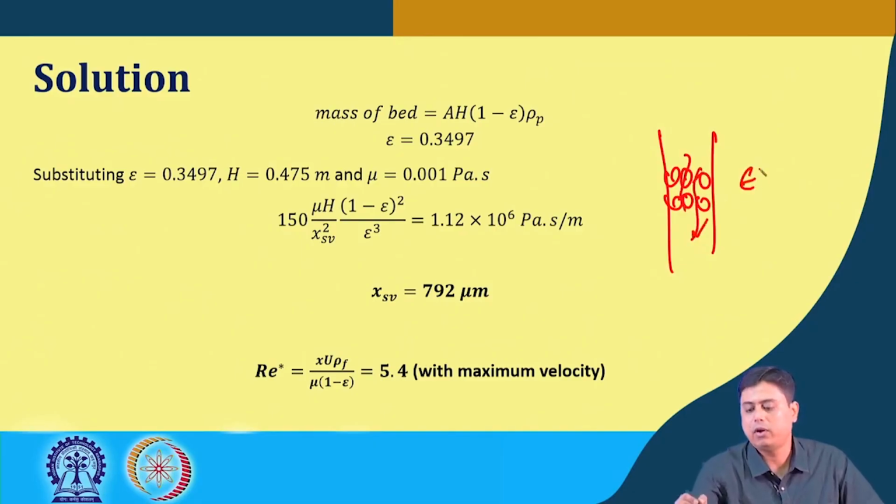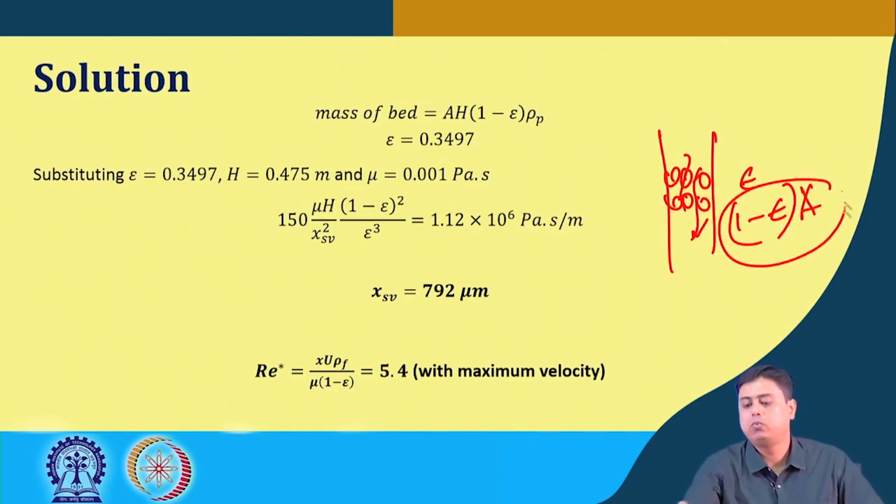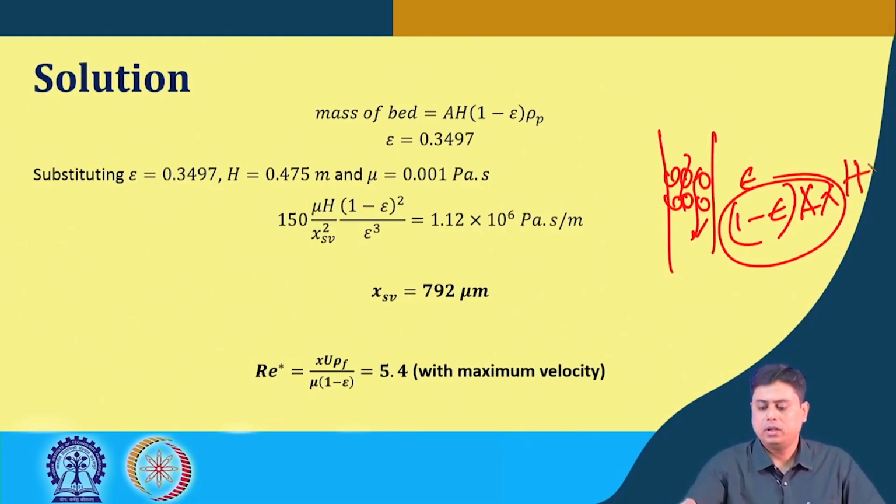If the voidage is epsilon, then 1 minus epsilon is the solid fraction, multiplied by the cross sectional area in which the solids are retained, multiplied by H, which gives the volume. This multiplied by its density gives the mass.